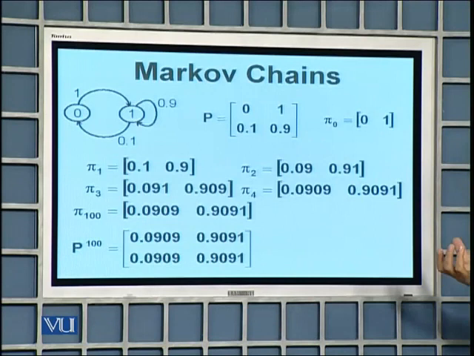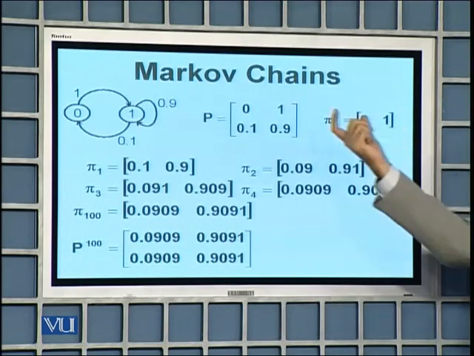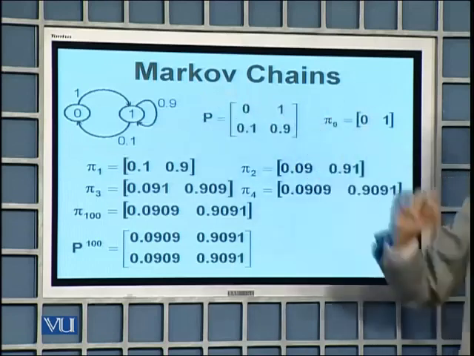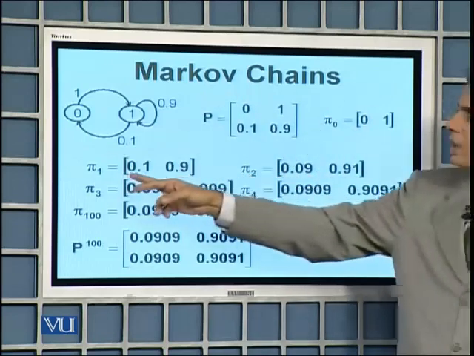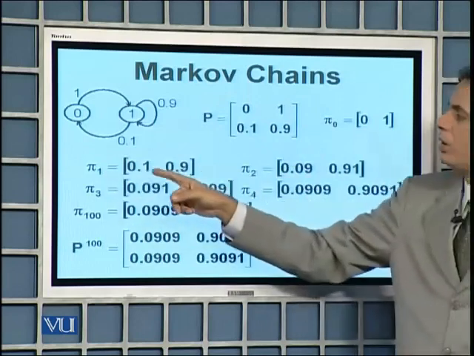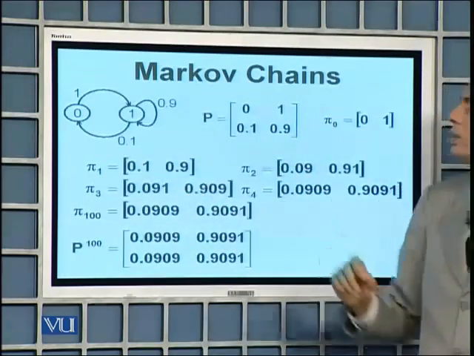Let's find the probability distribution on day 1. All you have to do is take this vector, put it here and multiply it with this transition matrix P. If you do that, you will get this vector of 0.1 and 0.9.